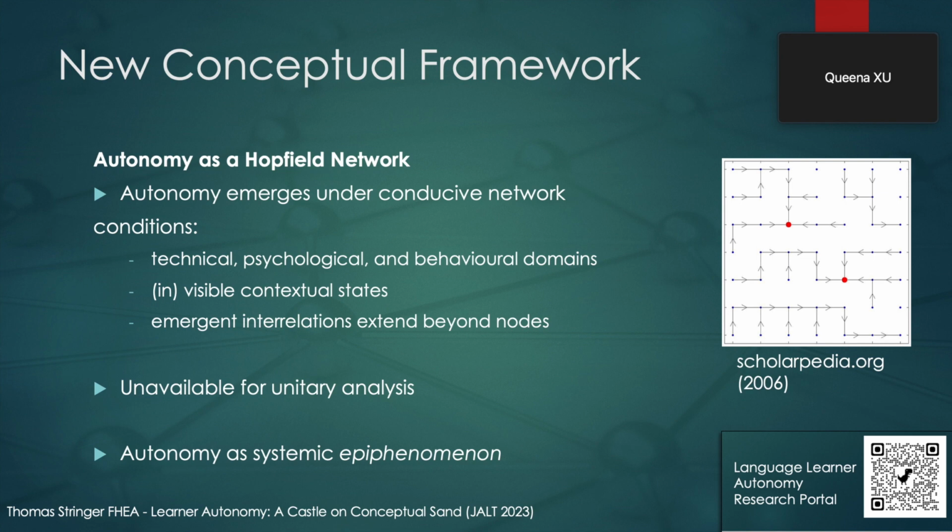Of course, you wouldn't be able to reduce autonomy to any individual unit for analysis because of the interconnectedness of the system, and because autonomy would be understood as an epiphenomenon. That is, it's emerging as a result of the system. It's not reducible to the parts of the system.